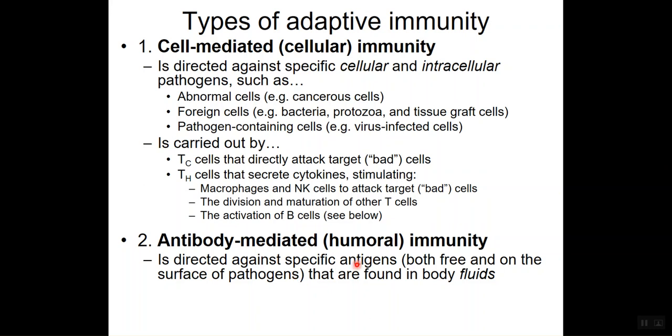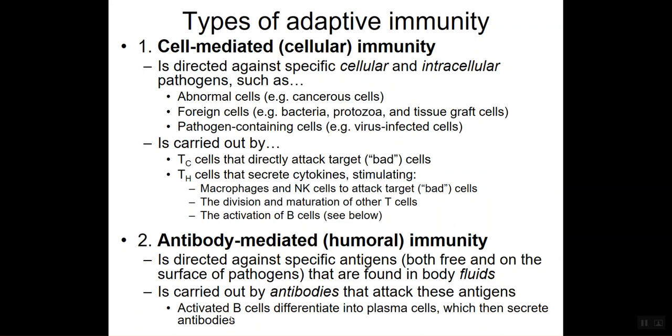So antigens that are either floating freely in those fluids or are attached to pathogens that are floating in that fluid can be attacked by antibodies. And so, like we mentioned before, B cells, when activated, will grow and differentiate into larger cells called plasma cells, and it's the plasma cells that then release the antibodies.